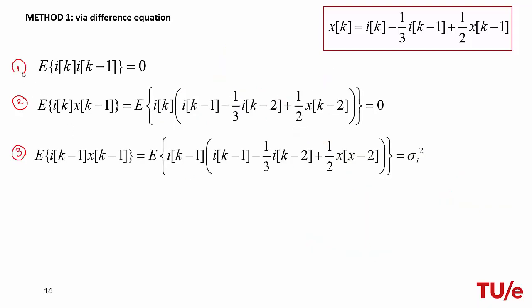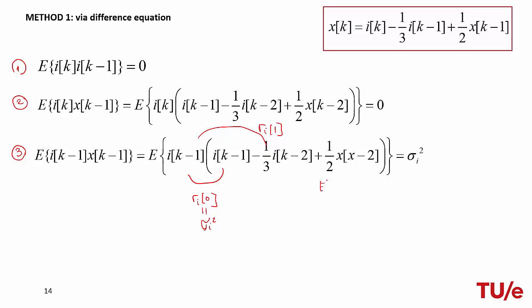Well, after calculating 1 and 2, number 3 is actually trivial because we have the same components as before. When we expand x of k minus 1, we obtain this in parentheses, and then here we obtain the autocorrelation of I for lag equals 0, and this gives me sigma I squared. But then for the rest, here again I have the autocorrelation of I for lag equal to 1, and this one is exactly as the case before.